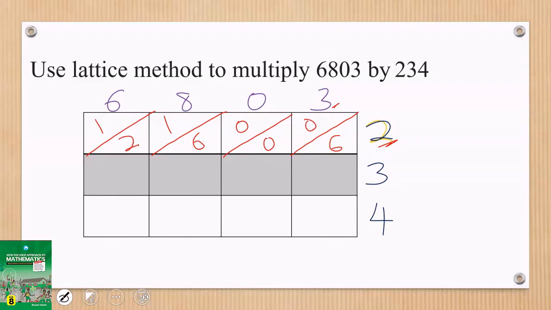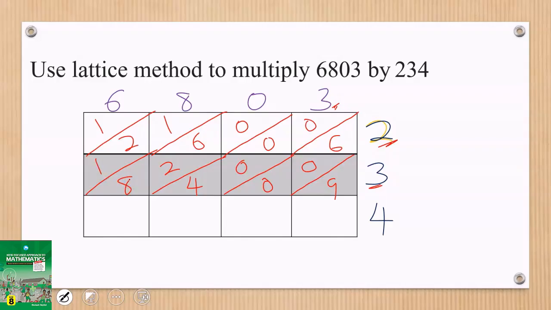Then we come again, we draw another diagonal to the second row. So 3 times 3 here will give us 9, so 0, 9. And 3 times 0 is 0, 0. 3 times 8 is 24, so 2, 4. Then 3 times 6 is 18, so 1, 8.